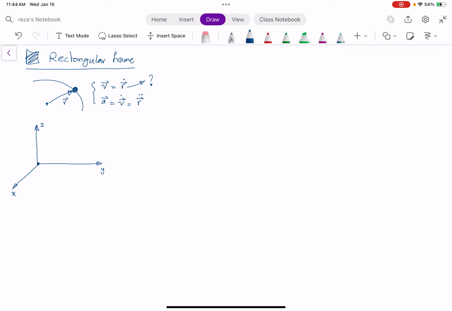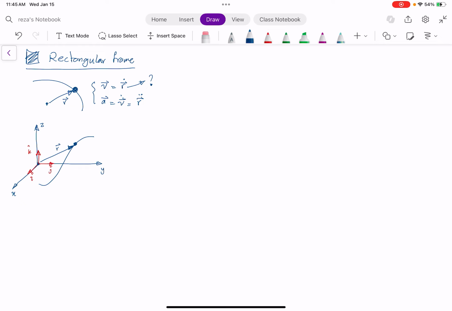Now in this frame, if you have an arbitrary path, a location of a particle, note that it is still the same vector r that I had up there, but now I have access to some known directions that I can start associating numbers with. So in the Cartesian frame, I have these unit vectors i, j, and k, each one along the directions of axes x, y, and z.